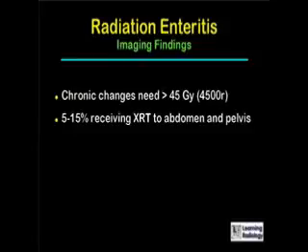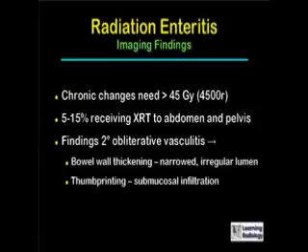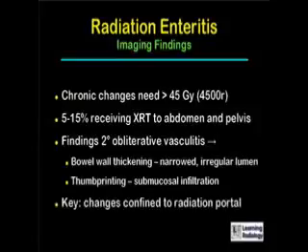And the findings are secondary to an obliterative vasculitis, which leads to bowel wall thickening, narrowing, and irregularity of the lumen, sometimes thumbprinting due to submucosal infiltration. The key to the diagnosis of radiation-induced enteritis is that the changes so produced are confined to a prior radiation portal.